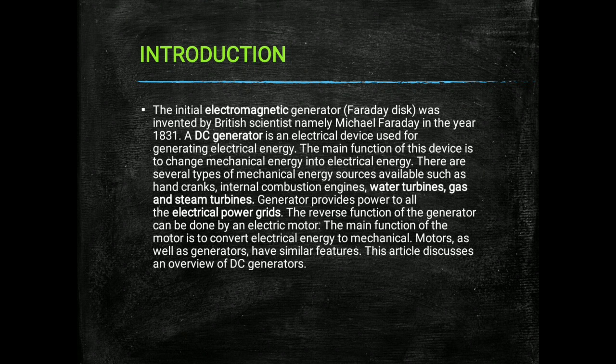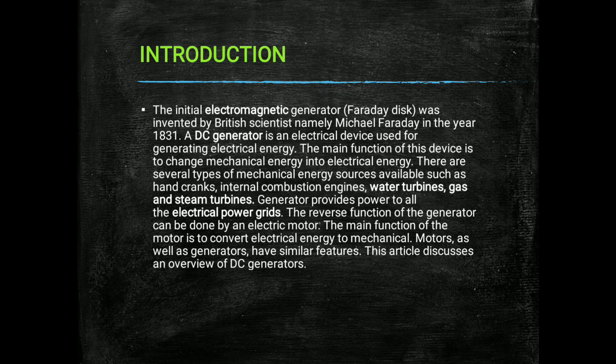A prime mover may be a hand crank, an IC engine or internal combustion engine, a water turbine, a gas turbine, or a steam turbine. Any type of device which is used to supply torque to the shaft of a generator is known as a prime mover.